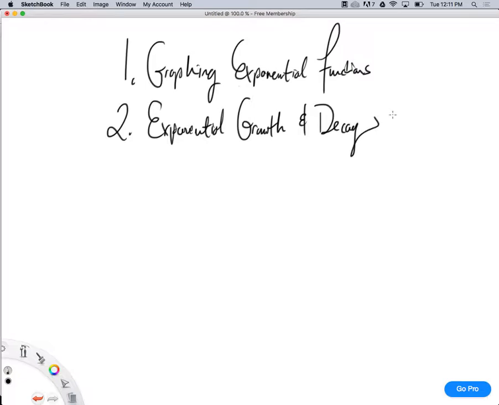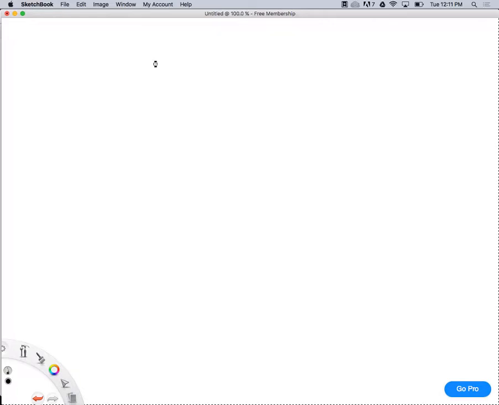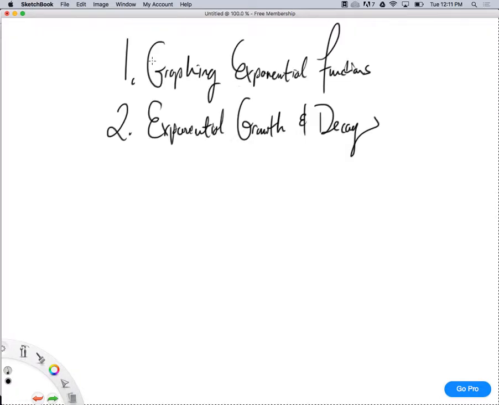These are the only two things on the quiz. So let's talk about them. First, graphing exponential functions, and the second thing is exponential growth and decay.